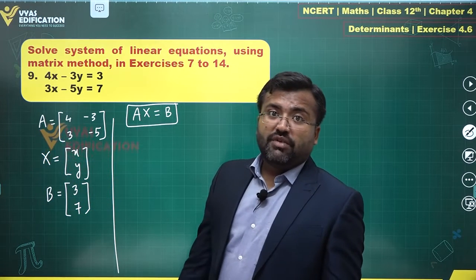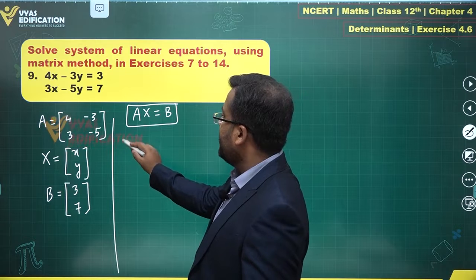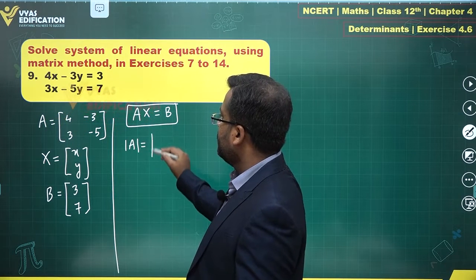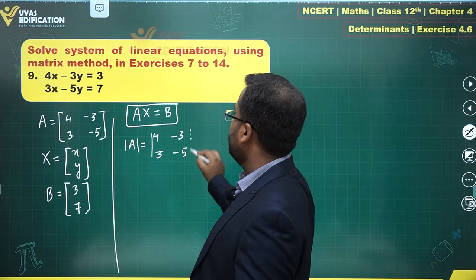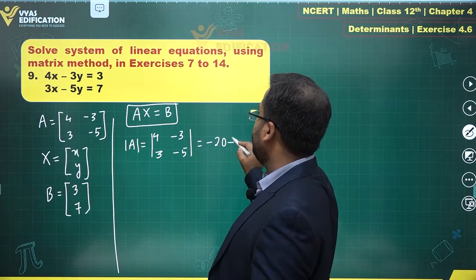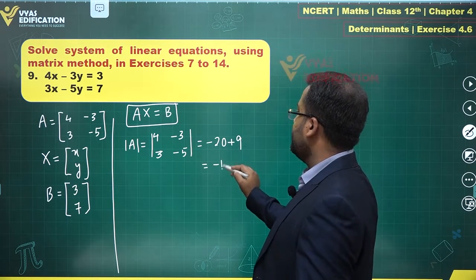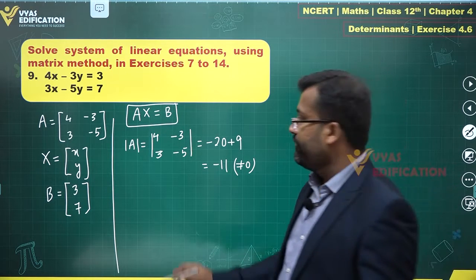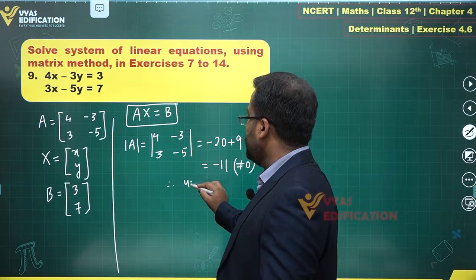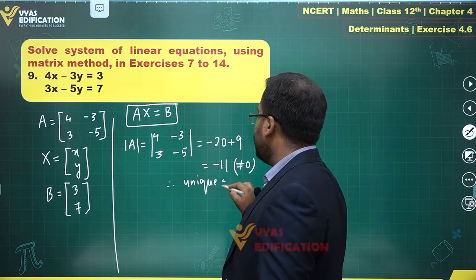For finding the solutions, we'll have to check whether the determinant of A is 0 or not. This is 4, 3, minus 3, minus 5. What is that? Minus 20 plus 9, which is minus 11. Since this is non-zero, you'll have a unique solution. And what is that unique solution?